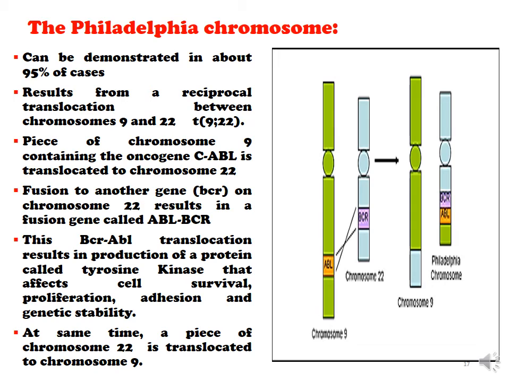So this BCR-ABL fusion gene has tyrosine kinase activity. It results in the production of a protein called tyrosine kinase, which in its turn activates intracellular signaling pathways like the JAK-STAT pathway, and ends up increasing the proliferation and decreasing the apoptosis of the granulocytes.